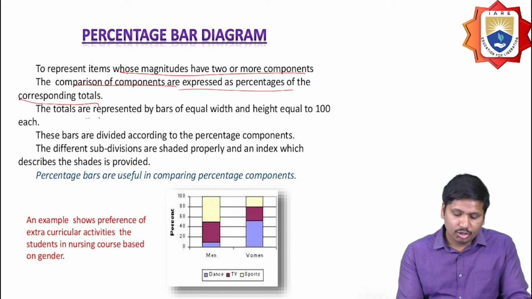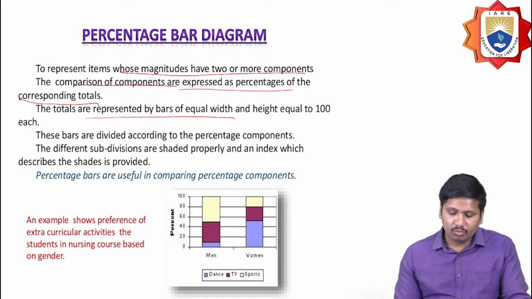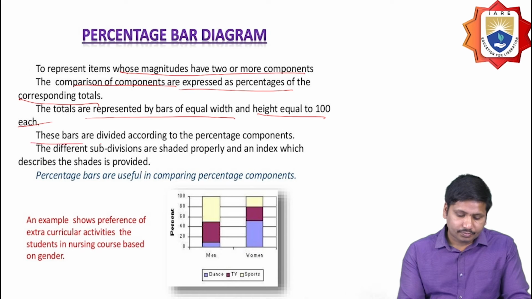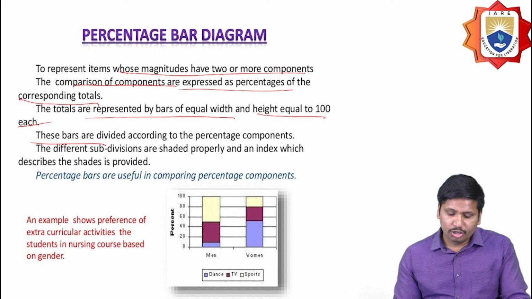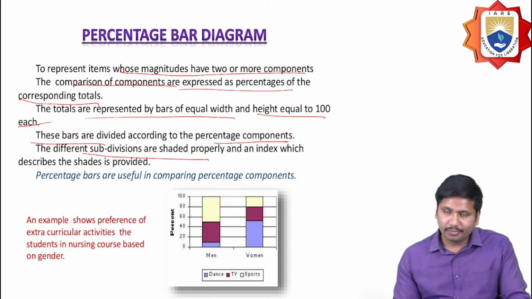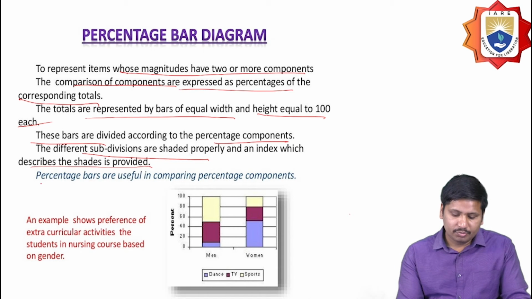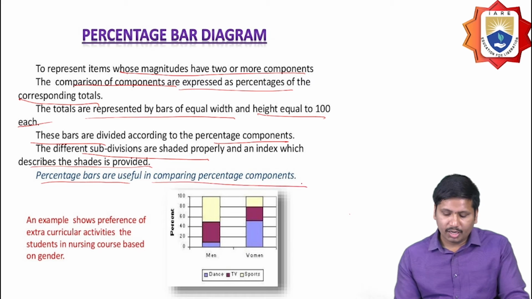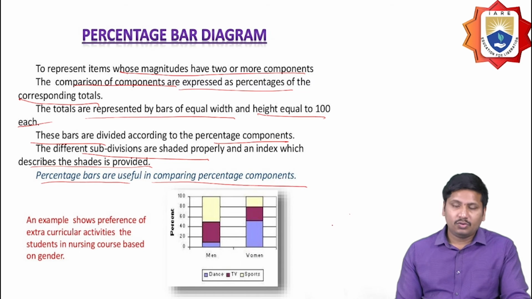The totals are represented by bars of equal width, and the height should be equal to 100. The bars are divided according to the percentage of components, different subsections are shaded properly, and an index describing the shades is provided. The percentage bars are also useful in comparing the percentage components.